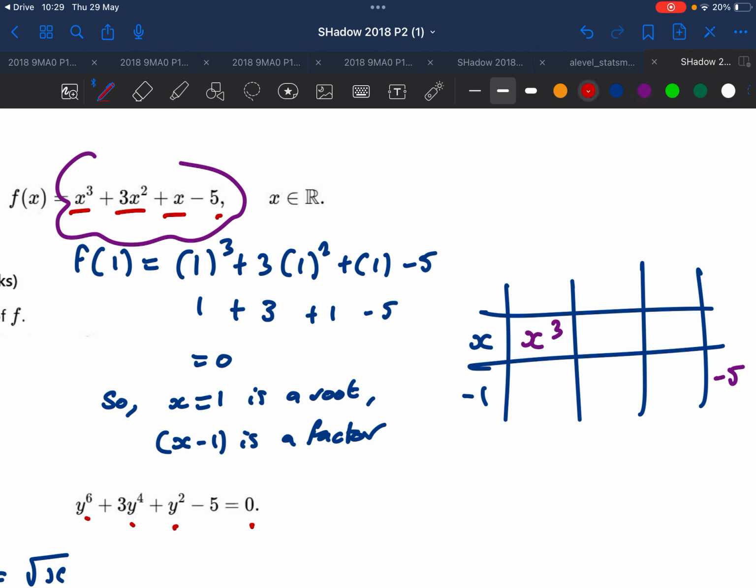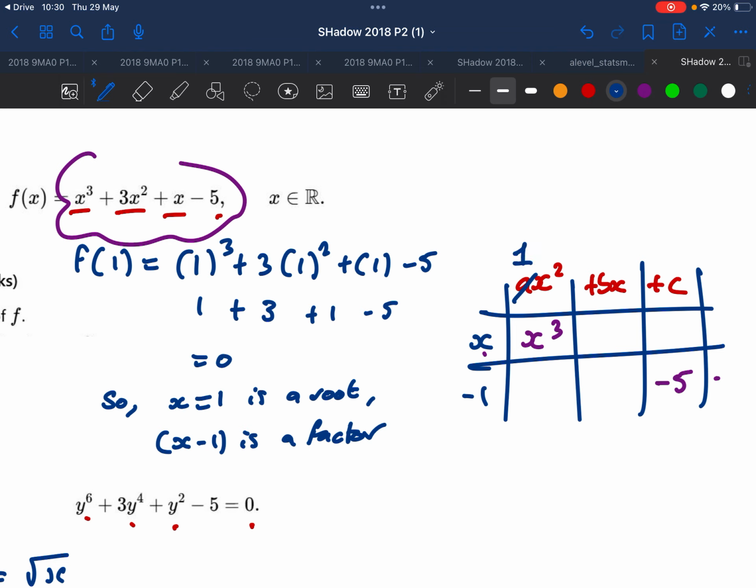So what we do is write our quadratic at the top. I've gone a bit too far there, I notice. So let's just move that minus 5. So x times how many x squareds give you x cubed? Well, you can work out that that's a 1, a 1x squared.